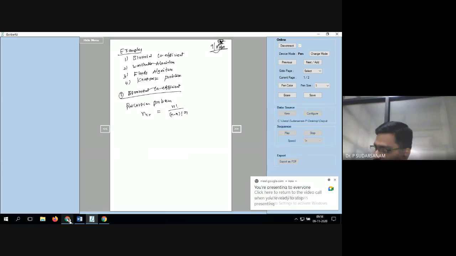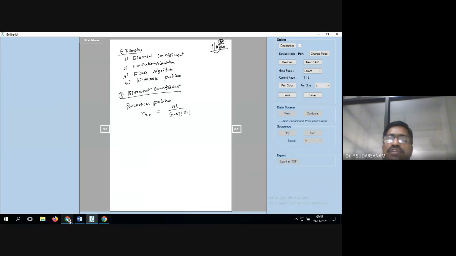Yes, very good. So you have learned this: n factorial divided by n minus r factorial into r factorial. So for NCR, you know how to calculate n factorial.